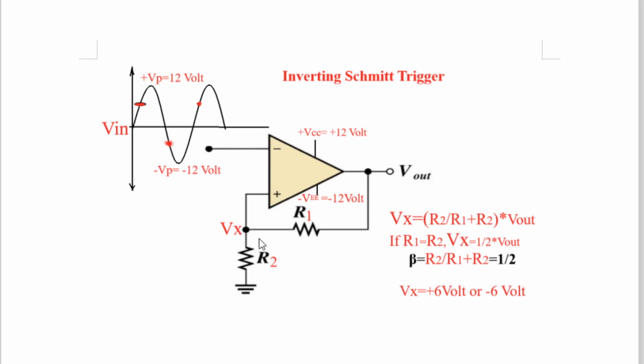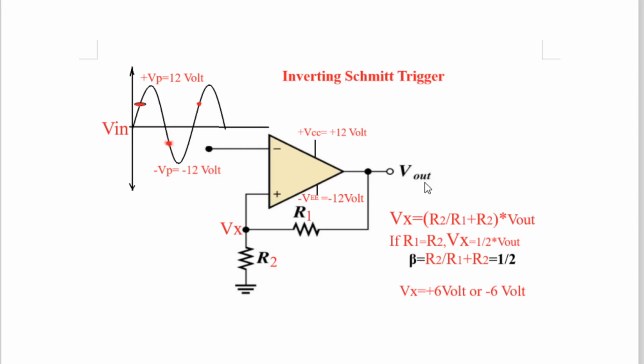Therefore, at this point X, the voltage Vx will be decided by the output of the op amp. If the output of the op amp Vout is at plus Vsat, meaning plus VCC, that is HVL, then this Vx is equal to plus 6 volt.